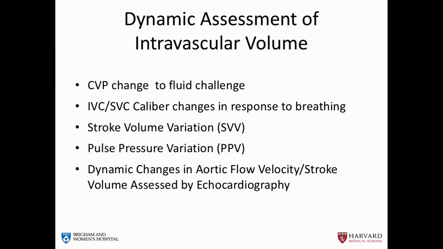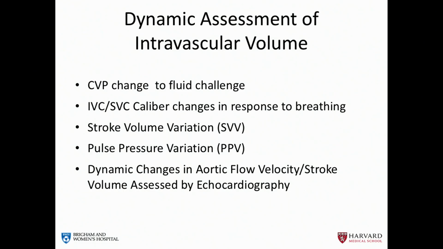Now, if we want to switch gears to the more dynamic assessment of intravascular volume, we're really thinking about a number of different measurements. We want to think about central venous pressure and how it might change relative to a fluid challenge. We want to think about possibly using ultrasound to look at the inferior vena cava and any changes in the caliber of that vessel in response to breathing as well as fluid challenge.